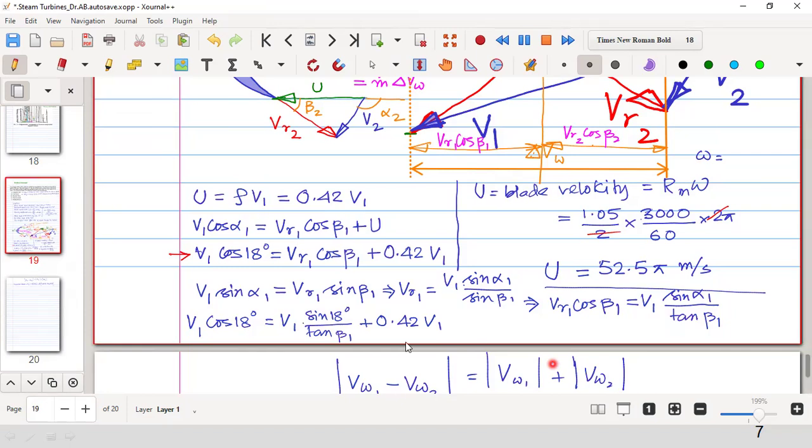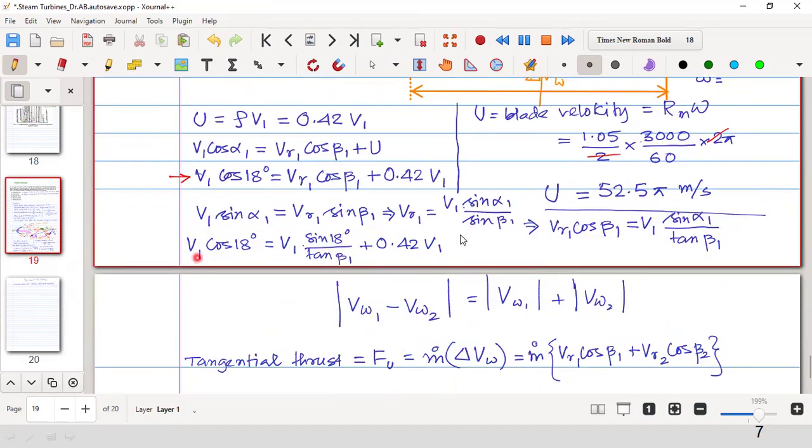Okay. Now we see that here in all the terms there is V1. So you can basically cancel that.